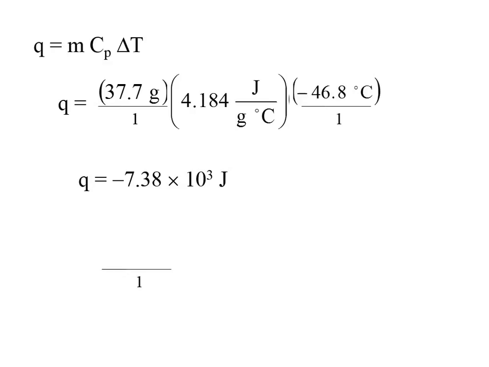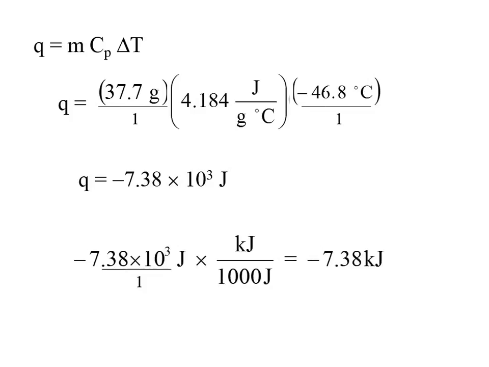Now, a lot of times we want you, and I don't think it asked this time, to take those energy units from joules to kilojoules. And that's the last thing I'm going to show you. That last step, you probably wouldn't have to do, because it just asked how much energy, what's the energy change.